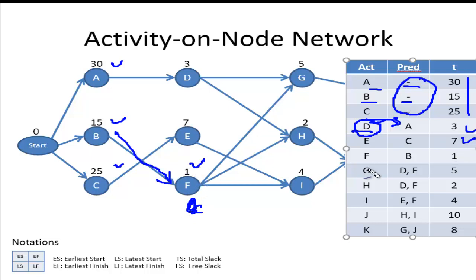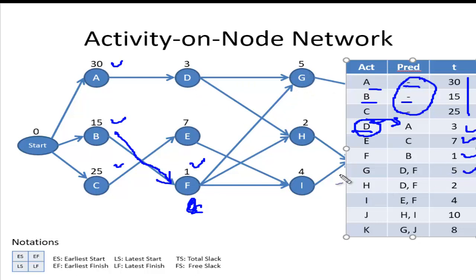Now after F is done, we get G. G has 2 predecessors, D and F, but we don't have parallel activities here, so we don't need dummy activities in this example. It's a very simple example where we don't have a dummy activity because G starts from D and F, but they are 2 different nodes, and the duration of G is 5.